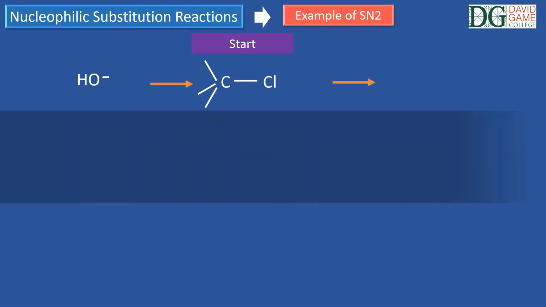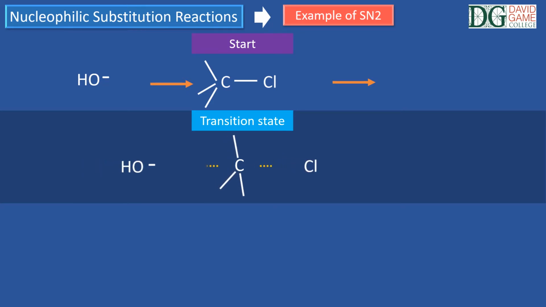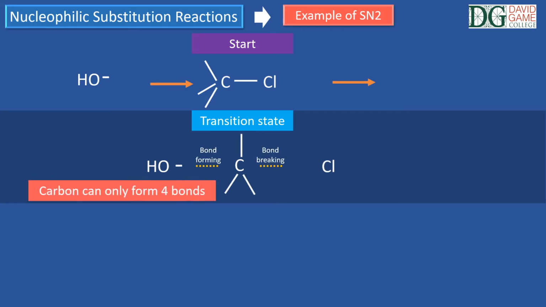At the start of the reaction, these electrons are attracted to carbon to form a new bond. As we can see in the transition state, the bond between hydroxide and carbon is forming, while the bond between carbon and chlorine is breaking. This is because carbon can only form 4 bonds, and therefore the bond with chlorine has to break.